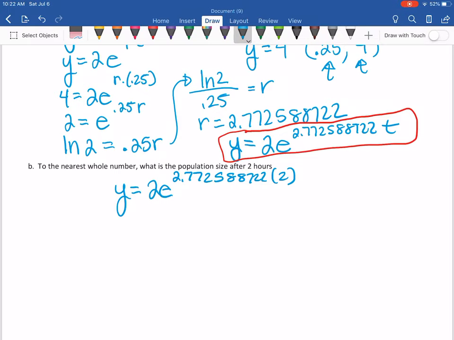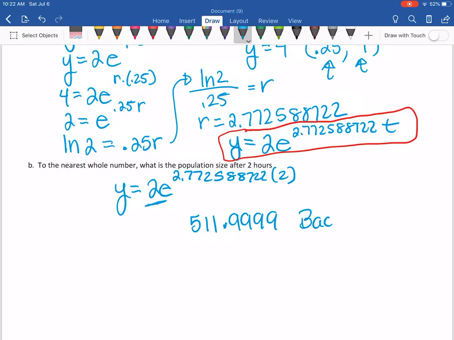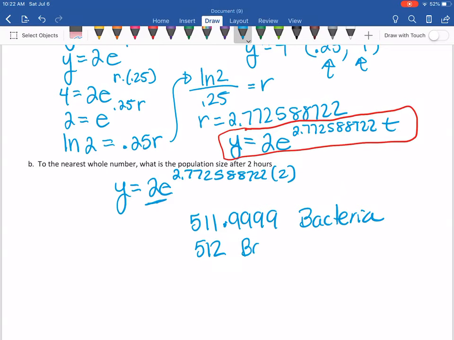Then I take that and I have to multiply it by 2, and I'm going to get 511.9999 bacteria. And it says round to the nearest whole number, so my final answer is going to be 512 bacteria.